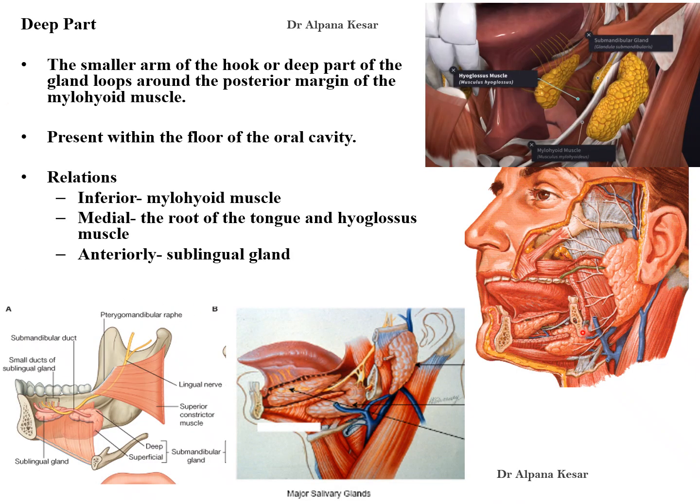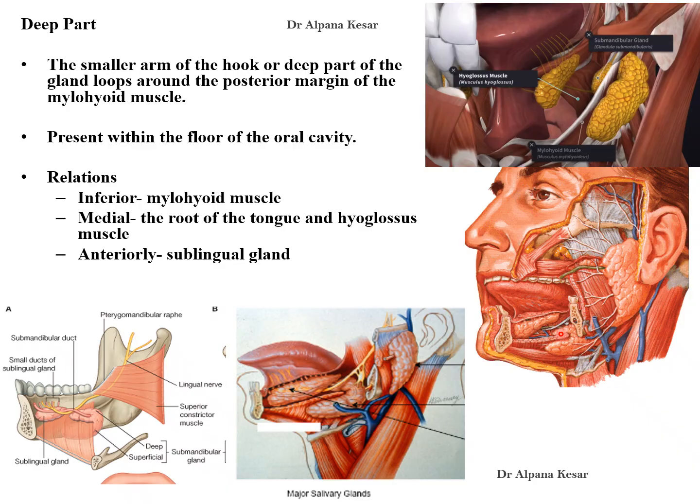This is the submandibular salivary gland, which hooks around the posterior margin of the mylohyoid muscle. This part of the submandibular salivary gland is the superficial part, and this is the deep part of the submandibular salivary gland.